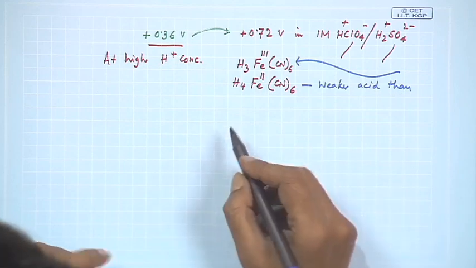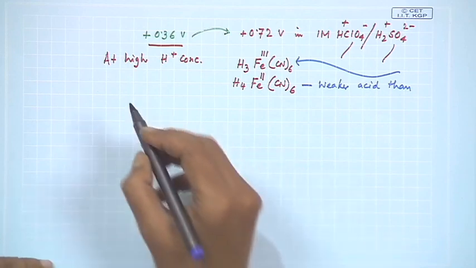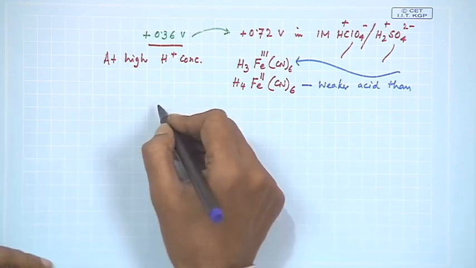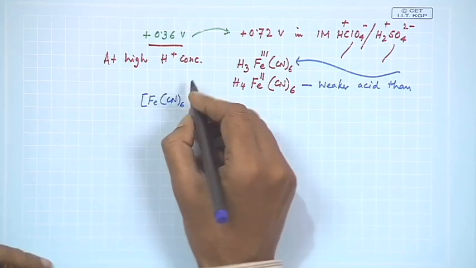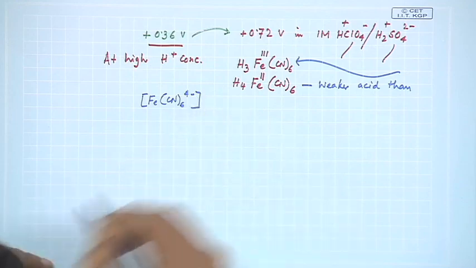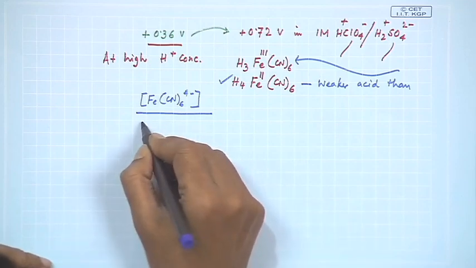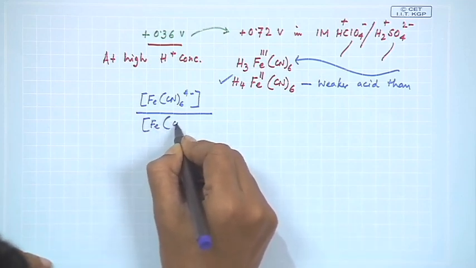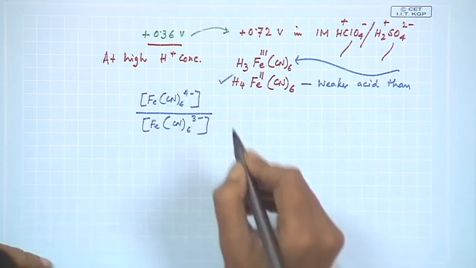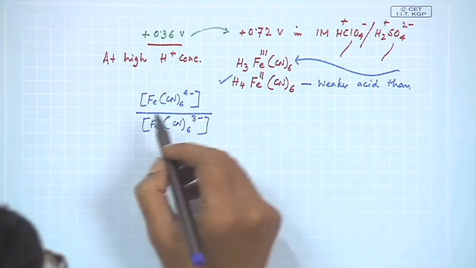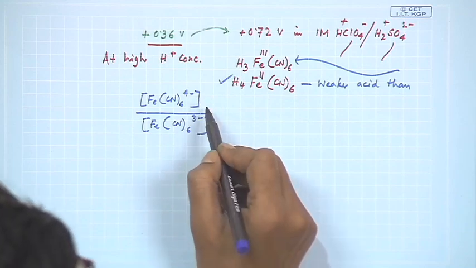So, if they are strong and weak acids, the concentration of the free ions in the solution changes, and the ratio of the two species involved, that is, the concentration of Fe(CN)6 4 minus, the reduced form, divided by the concentration of Fe(CN)6 3 minus, is changing.